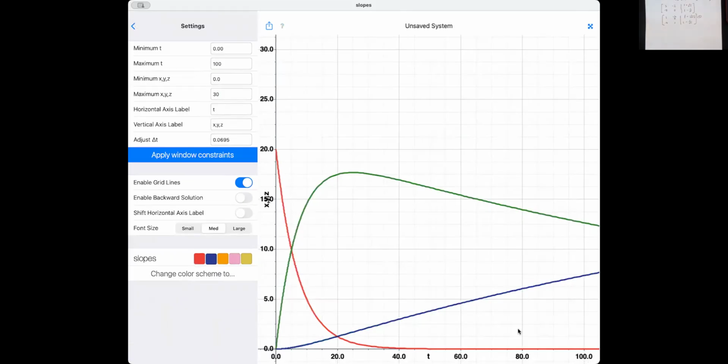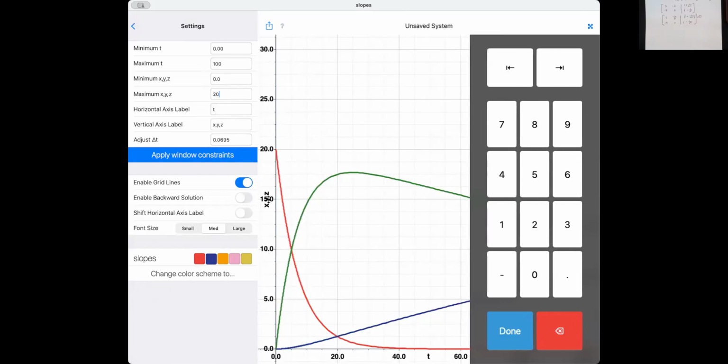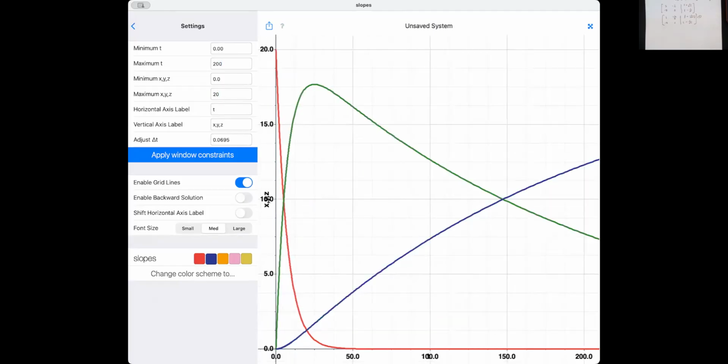My x of t is in red here, and it's going pretty close to 0. I'm pretty sure I don't need to go above 20, so let's change that x value to be 20. Let's make this t value longer, say 200. I see that spike in the green. You see that, and this is without solving it. So if your equations don't graph out like this, yes, you made an error in putting it into the calculator.